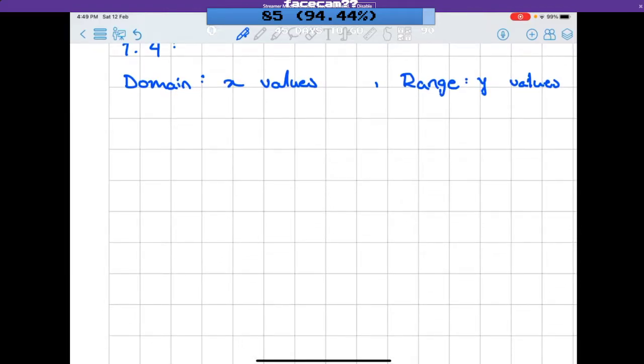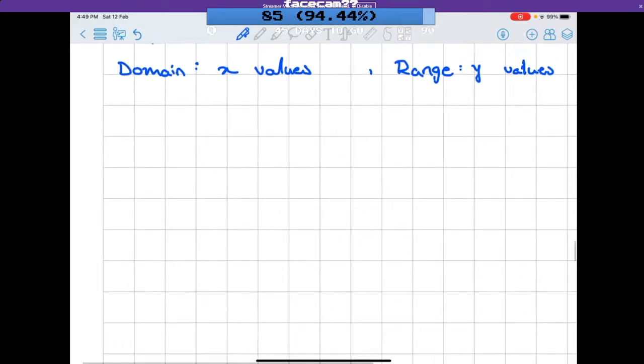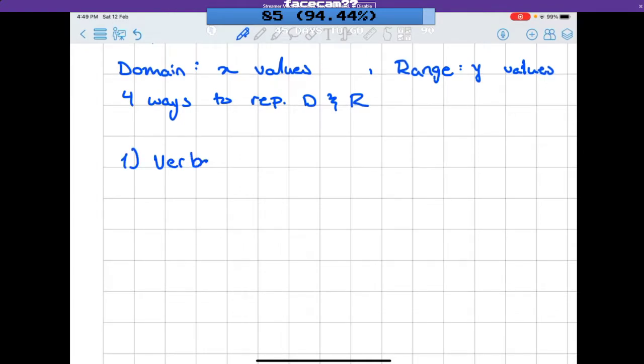So, first off, let's talk about the 4 ways. There are 4 ways for you to represent a function. D and R stand for domain and range. The first one is verbal, which is just stating what type of function it is.